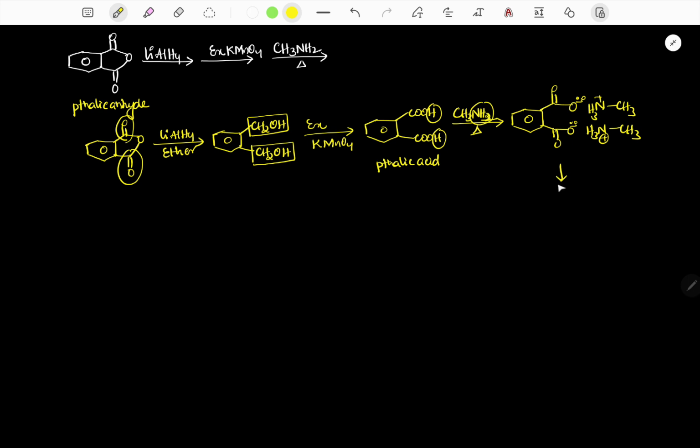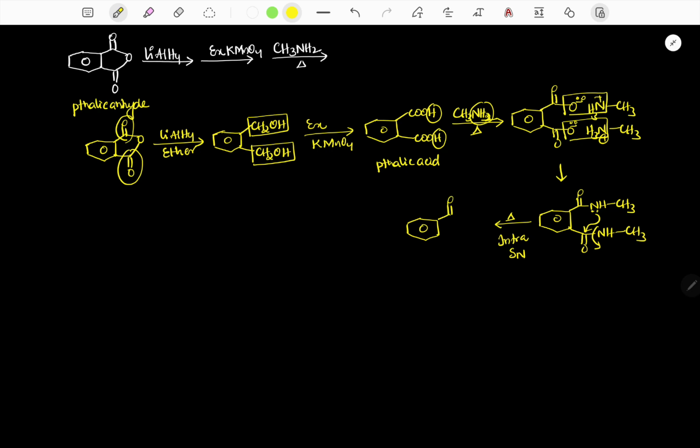Now which on heating undergoes dehydration and gives the corresponding secondary amide, which on further heating undergoes an intramolecular SN2 type reaction, intramolecular nucleophilic substitution, and gives the corresponding product like this.